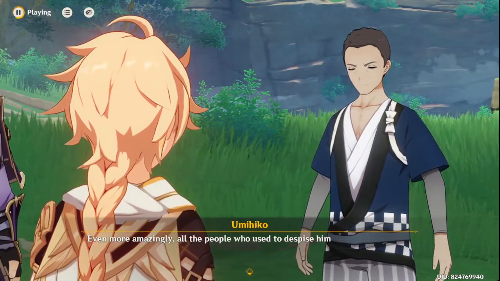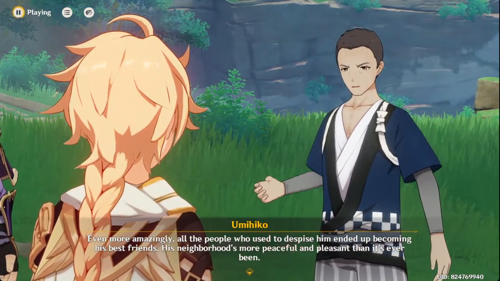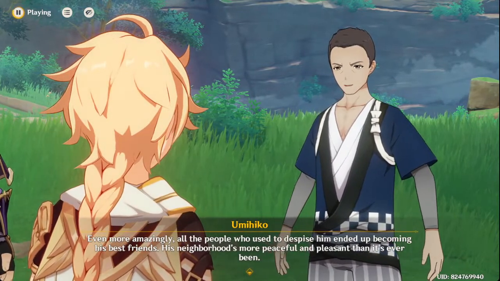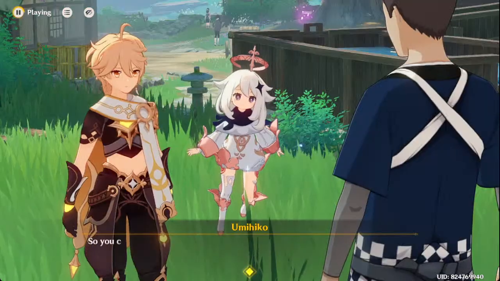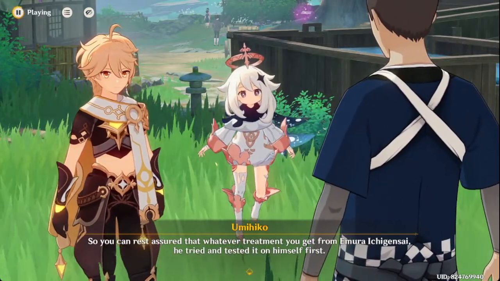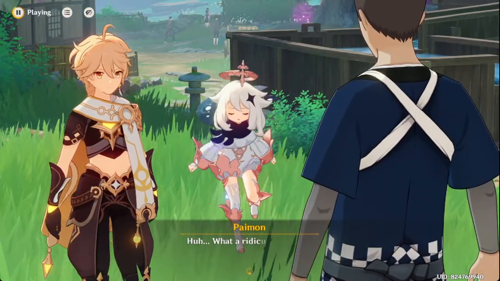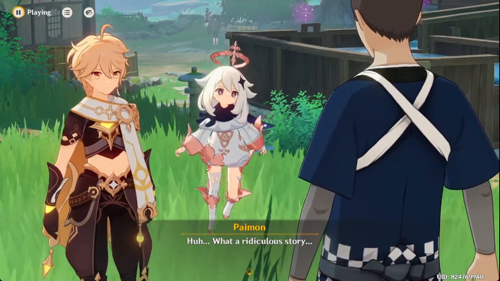Even more amazingly, all the people who used to despise him ended up becoming his best friends. His neighborhood's more peaceful and pleasant than it's ever been. So you can rest assured that whatever treatment you get from Imura Ichigensai, he tried and tested it on himself first. Huh? What a ridiculous story.